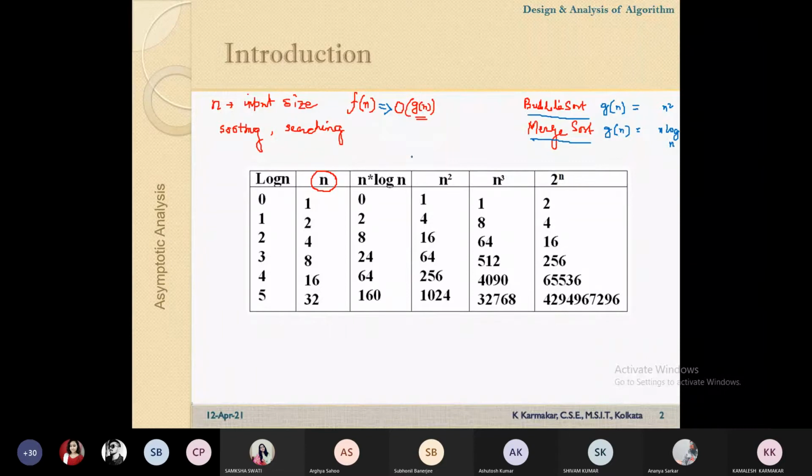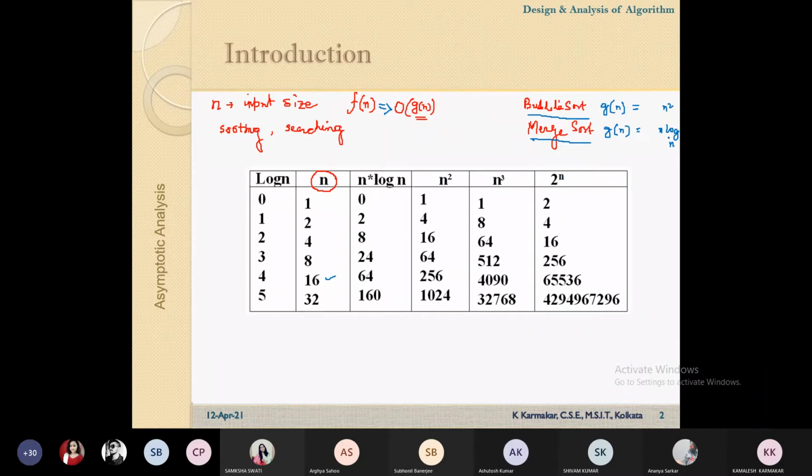If we consider a larger value of n, like in this example, if n equals 16, it's not a too large value, but still I'm putting it here. Then in case of merge sort, how many comparisons are needed?